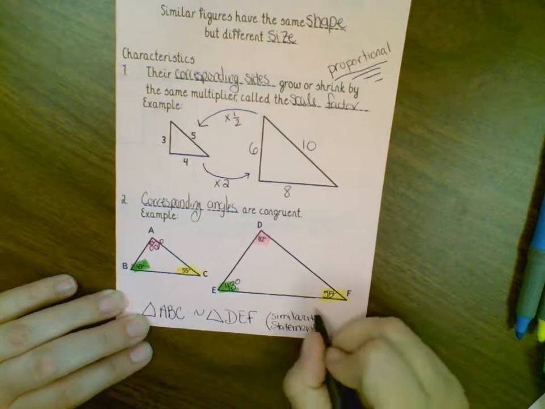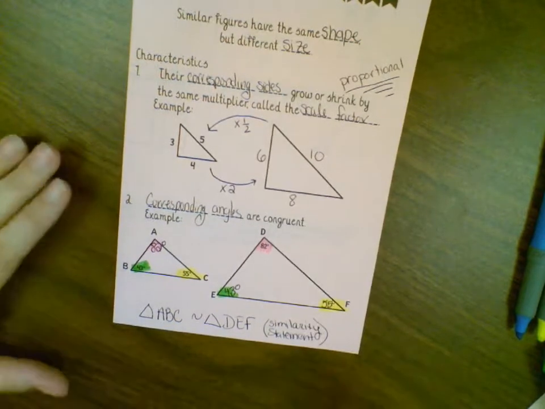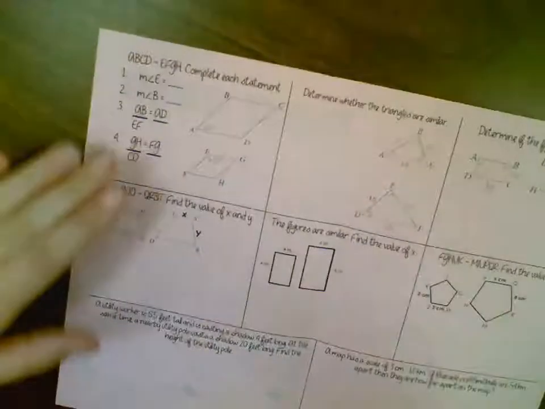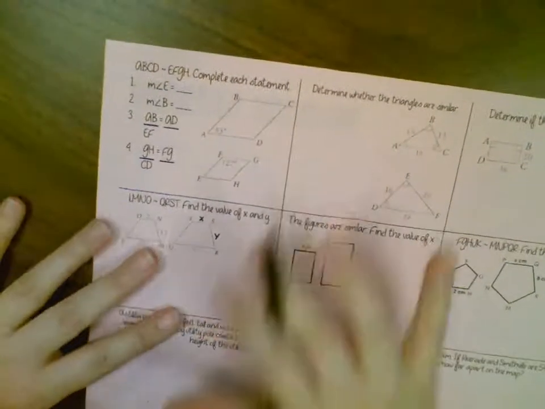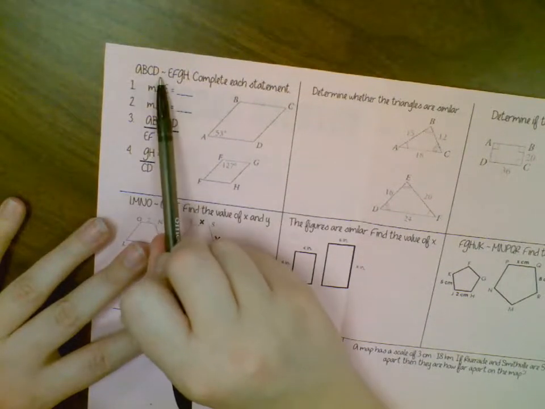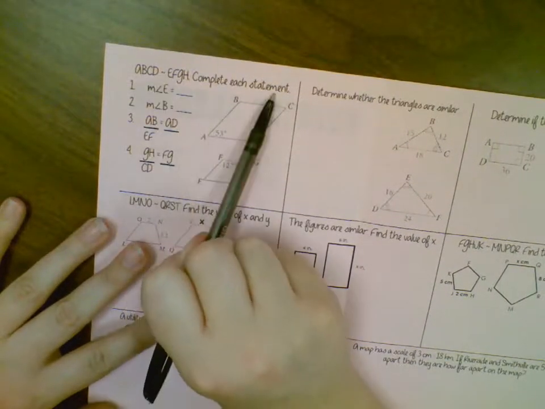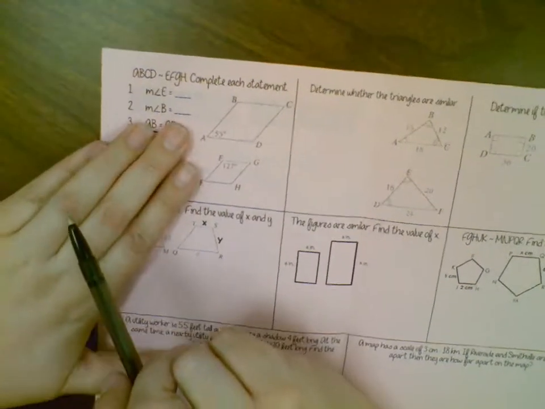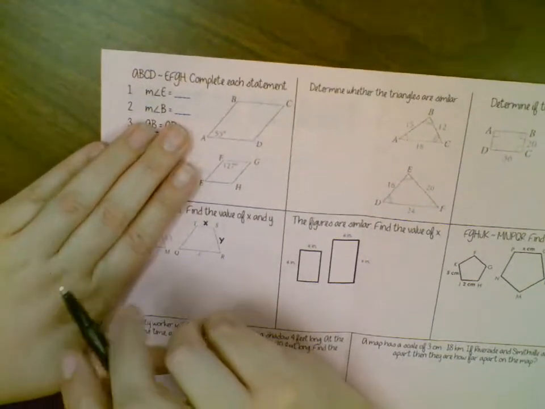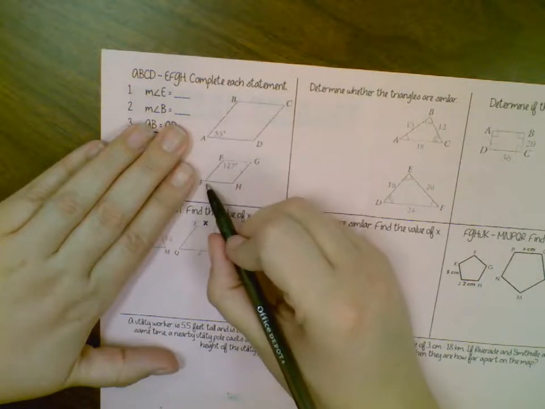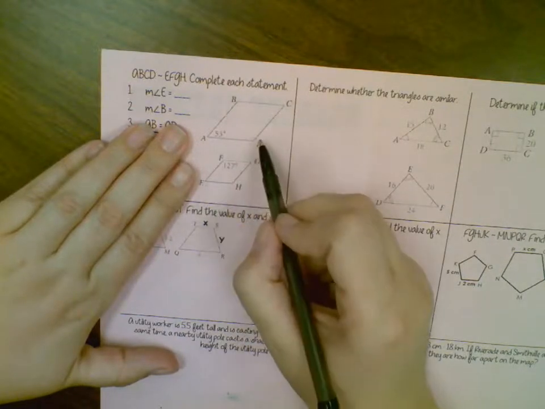A similarity statement is just a way to name the figures that are similar and tell that they are similar. Looking at our first example, it tells us that the two four-sided figures are similar, and they want us to complete each statement. When we're asked about angles, we know that the corresponding angles are congruent. If we look at angle E, we need to figure out what the corresponding angle in the top picture is.